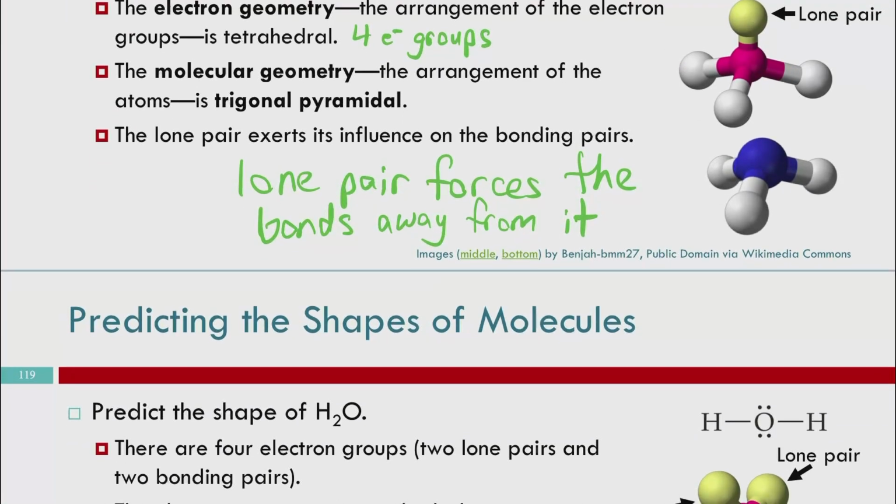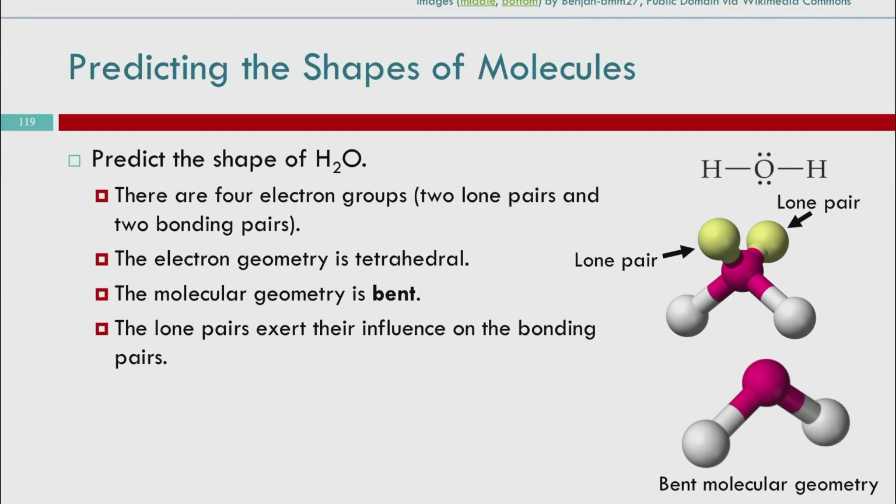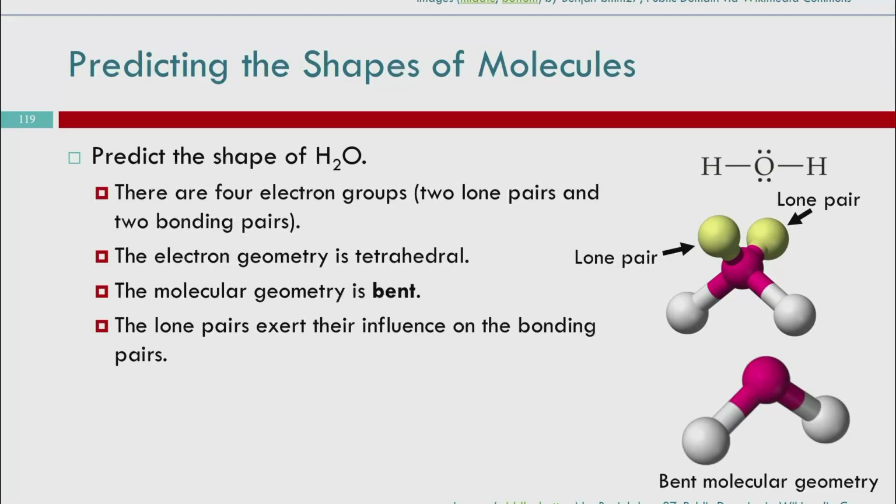We also have one more shape that we'll talk about. So H2O, we've also seen this Lewis structure before. We still have 4 electron groups. So we've got a tetrahedral electron geometry. So do our X, twist to the left. But 2 of those groups are electron pairs.